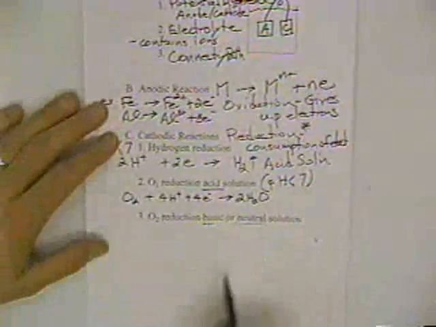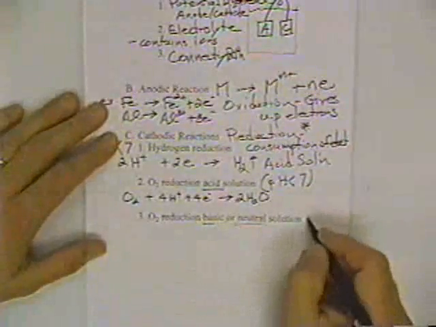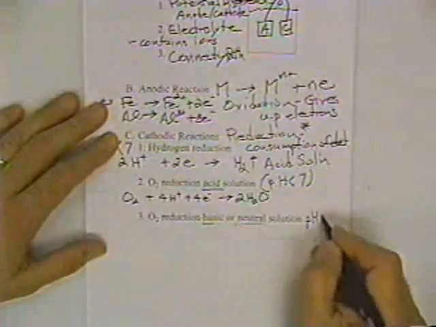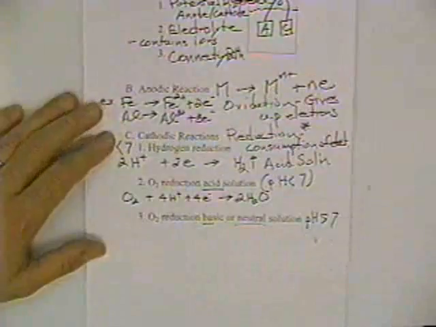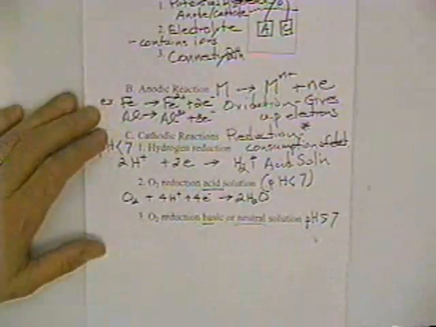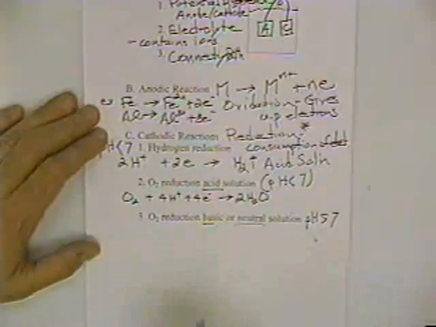Well, those two are acid solutions. Let's look at the reduction reaction that occurs in basic or neutral solutions. And so now the pH is going to be equal to or greater than 7. And we're going to be concerned about hydroxide ion concentration.